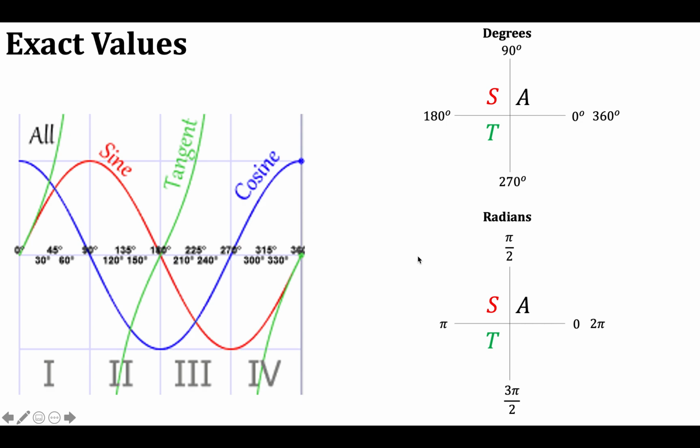And finally, between 270 and 360, that's 3 pi over 2 and 2 pi, it's only the cosine graph which is positive there.